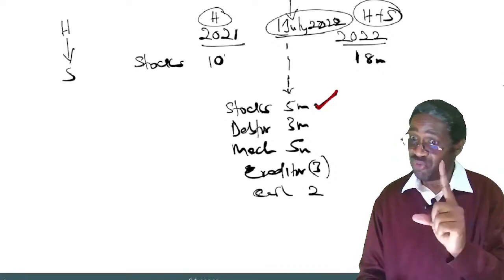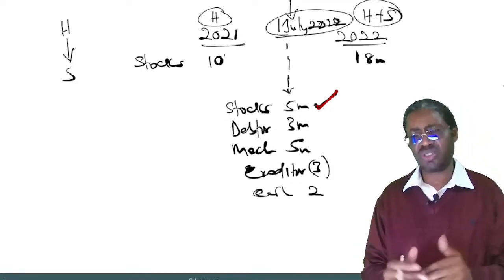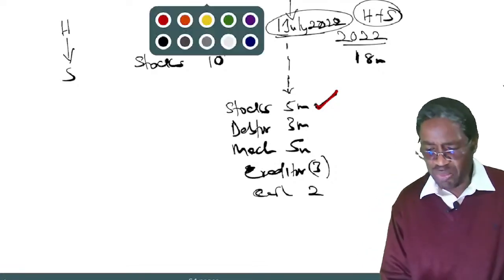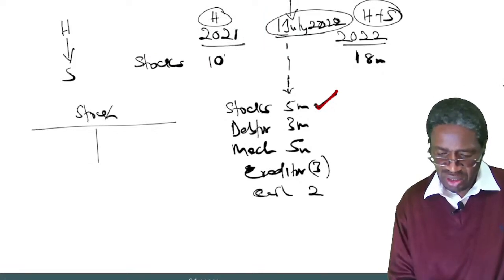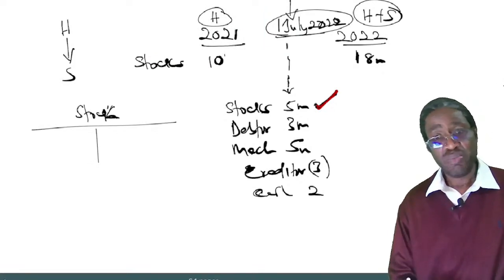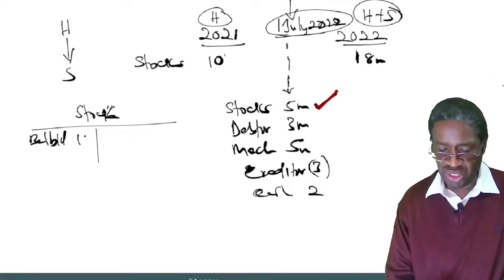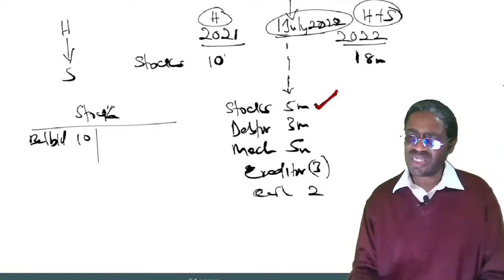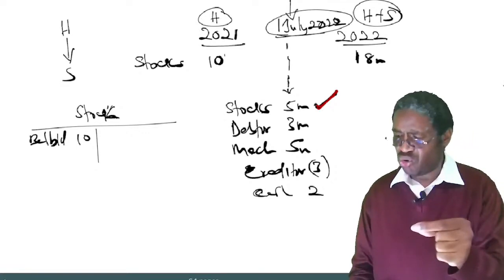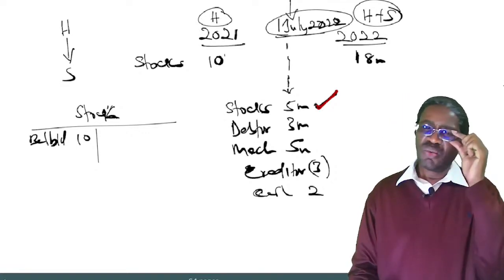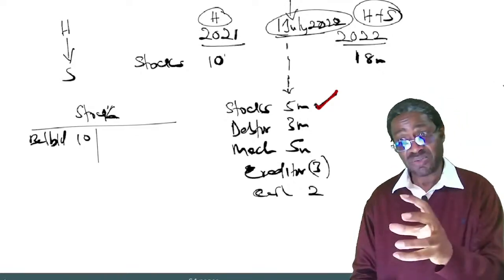Listen, therefore, for you to know whether there was an increase or decrease in stocks for the group, we shall be preparing the stock account. Bring down the stocks by the beginning of the year, which according to my illustration was 10 million. Then you come and say, when we acquired this subsidiary company, it came into the group with its own bunch of stocks amounting to 5 million.